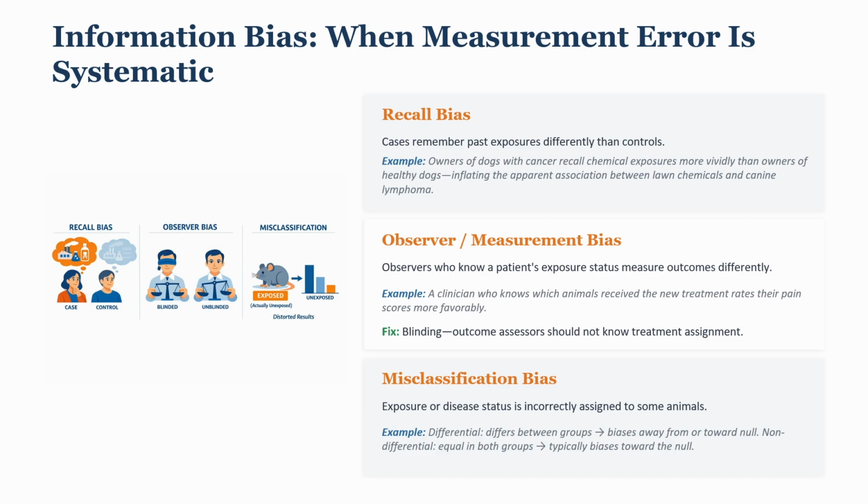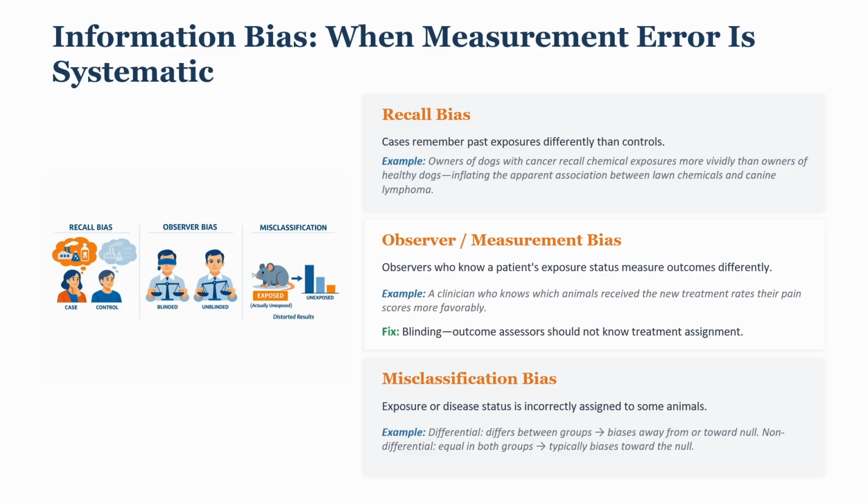Misclassification comes in two flavors. Differential misclassification, where the error rate differs between cases and controls or between exposed and unexposed groups, can bias the association in either direction, toward or away from the null, depending on the pattern.